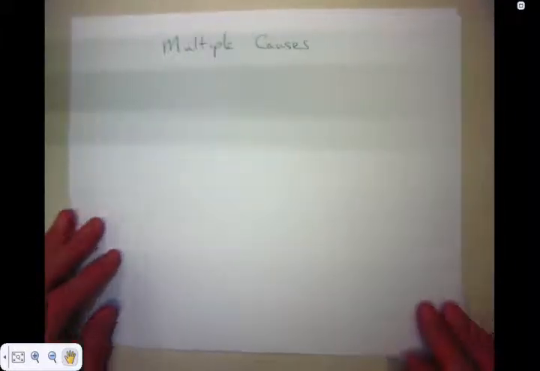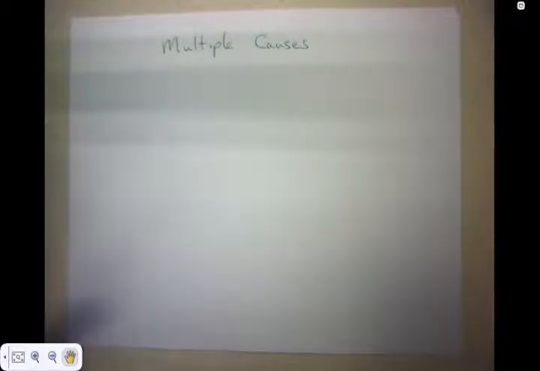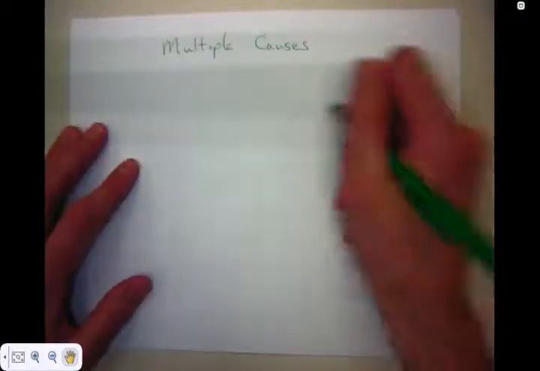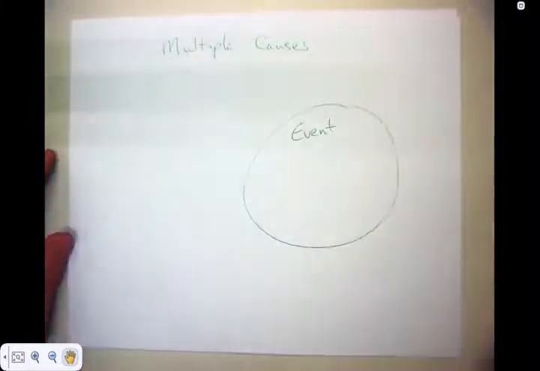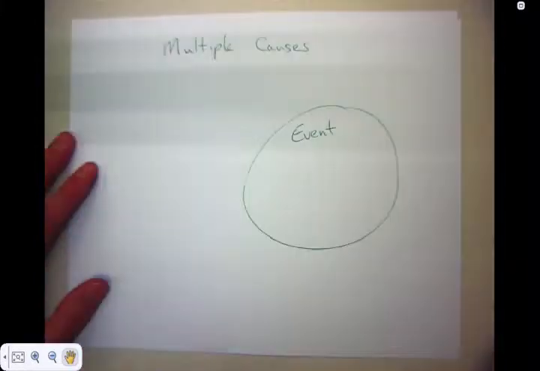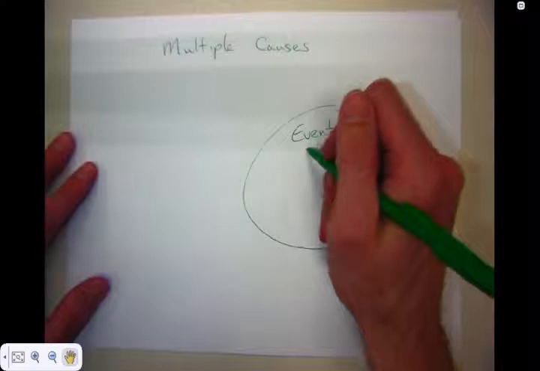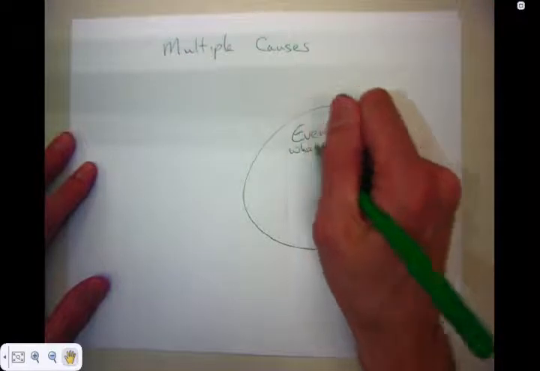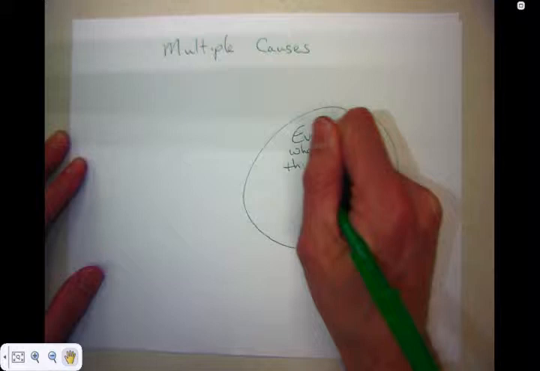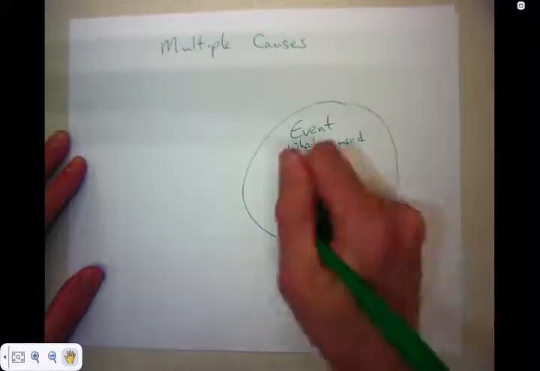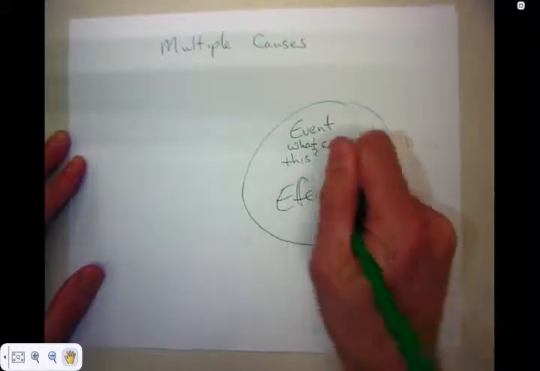Okay, so building up from that, then we can take a look at a situation where we have multiple causes, right? So I'm reading along and I see some event happen, and I think, what caused that? Once I think to myself, what caused this, then I know that I have an effect, right?